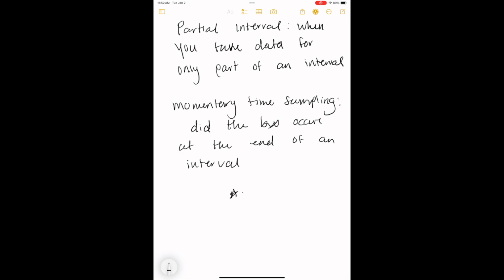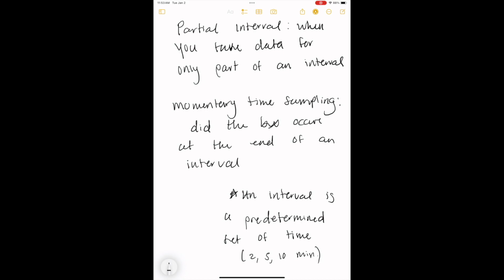Remember, and I'll put it here, an interval is a predetermined set of time. So 2, 5, 10 minutes, right? It could be anything. It doesn't have to be 2 or 5 or 10, it could be 30, it could be whatever. So did the behavior occur at the end of an interval?